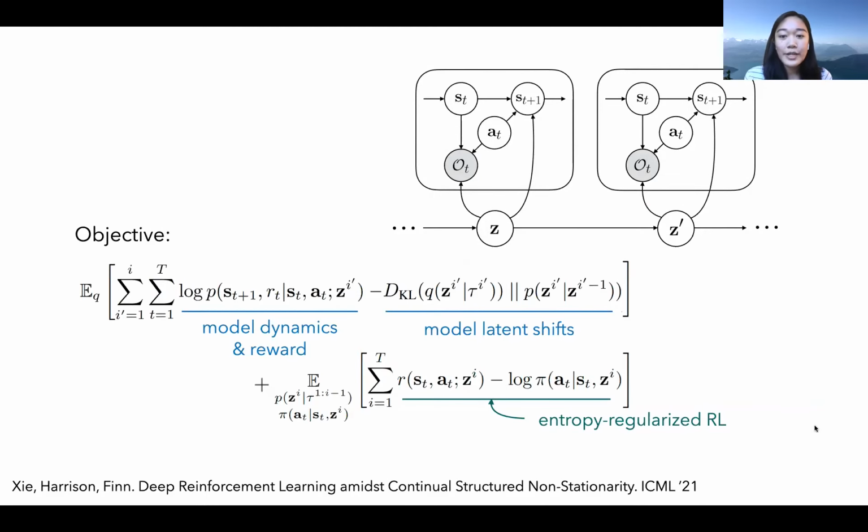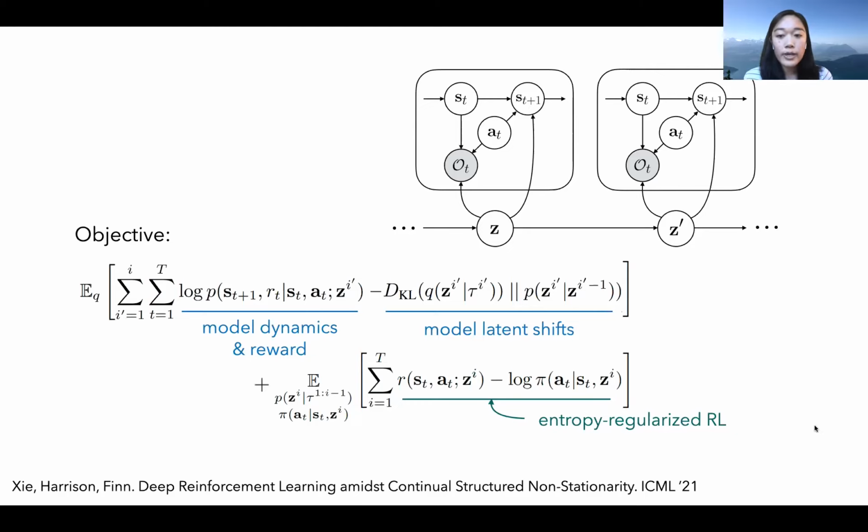Cool. So now that we've formulated the problem, the objective we propose to minimize comes from the RL as inference framework, and we outline the objective here. But what's interesting about this objective is that it decomposes into two very intuitive components. The first one, underlined in blue, corresponds to variational inference in a sequential latent variable model, where the observations are essentially the agent's trajectories, and the latent variables are these hidden task parameters.